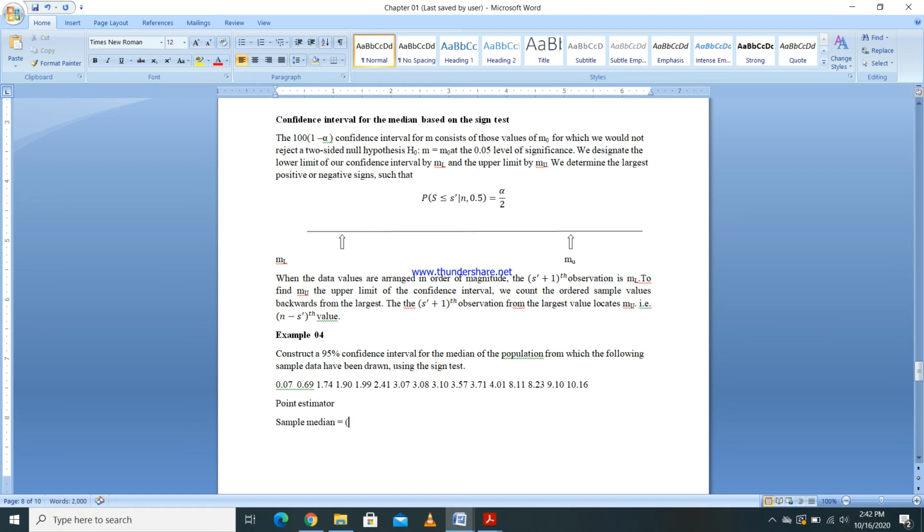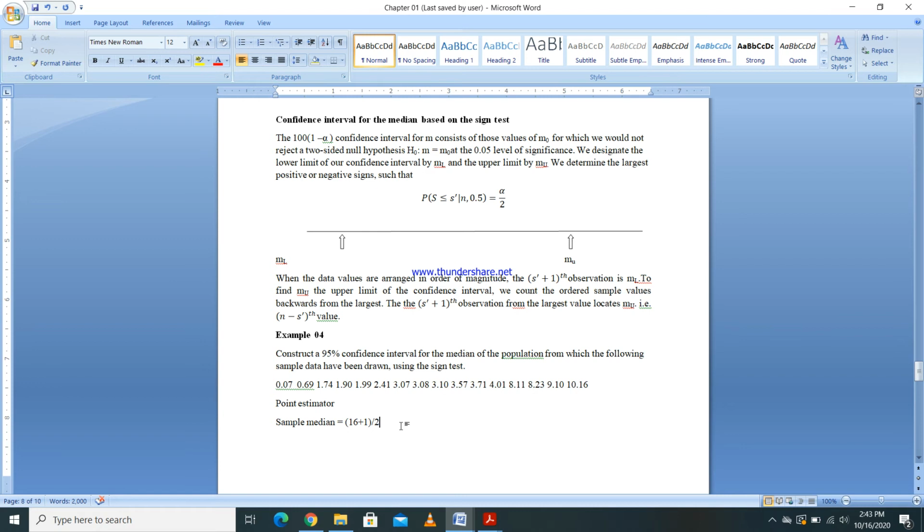So you first find the position of the median, that is 16 plus 1 divided by 2, which is 17 divided by 2, that is 8.5. So you take the 8th observation and the 9th observation divided by 2 to find the median value. The 8th value is 3.08, and the 9th observation is 3.1.